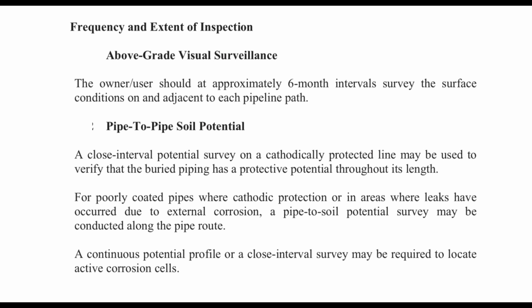For poorly coated pipes with cathodic protection, or in areas where leaks have occurred due to external corrosion, a pipe to soil potential survey may be conducted along the pipe route. A continuous potential profile or a close interval survey may be required to locate active corrosion cells.